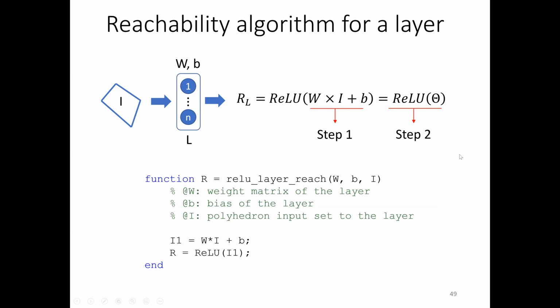So in this video, you have the homework: take a 3-dimensional polyhedron and apply the ReLU operation on that polyhedron. I already showed you in the video how to do it using step ReLU operations.